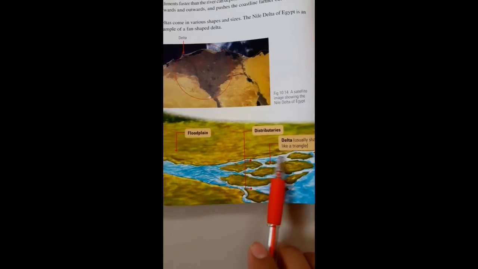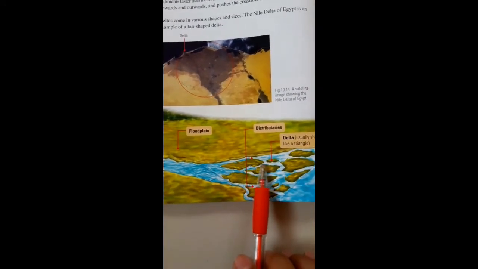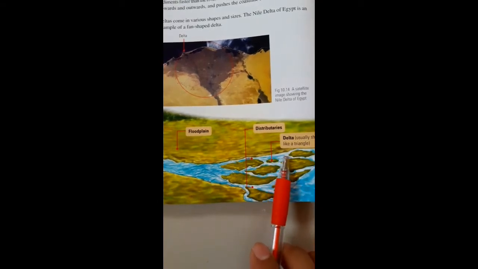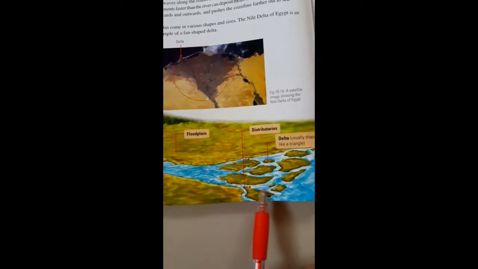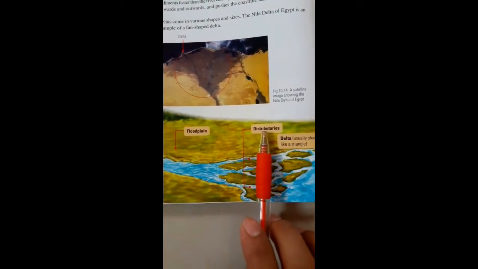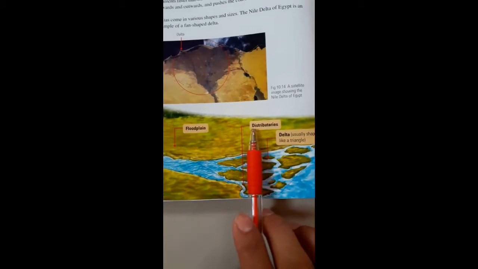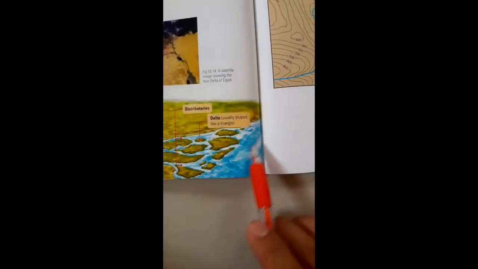It branches out so that the flow of the water continues. Alright, and that is distributaries. And this is the river mouth here.